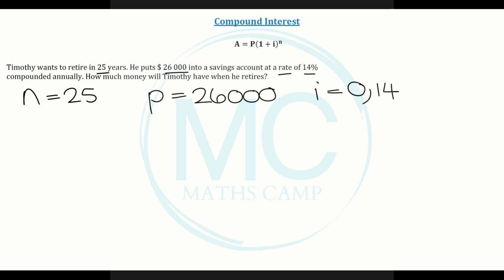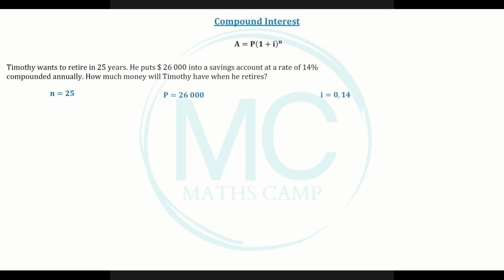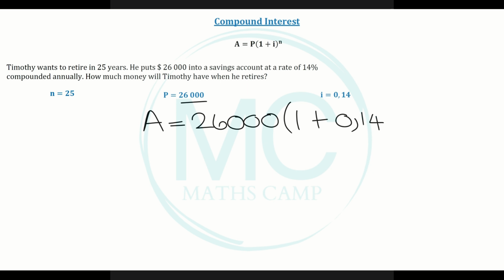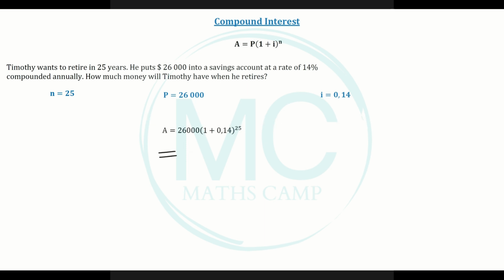Now that we have these values, let's put them into the formula. And we say A is equal to P, 26,000. Open our bracket, 1 plus the value of I, 0,14. Close the bracket to the power of n, which is 25. Now, outside our bracket, we have 26,000.